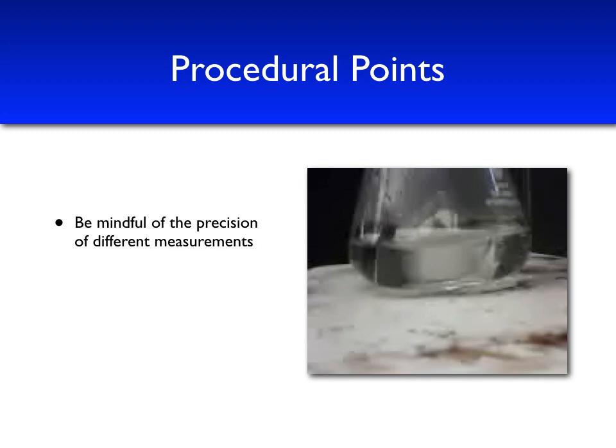It is important to note, especially as you do calculations, to be mindful of the precision of our different measurements. We want to achieve high quality results. Therefore, we use our analytical balance to determine the mass of KHT, and we also use a burette to deliver our water volumes.